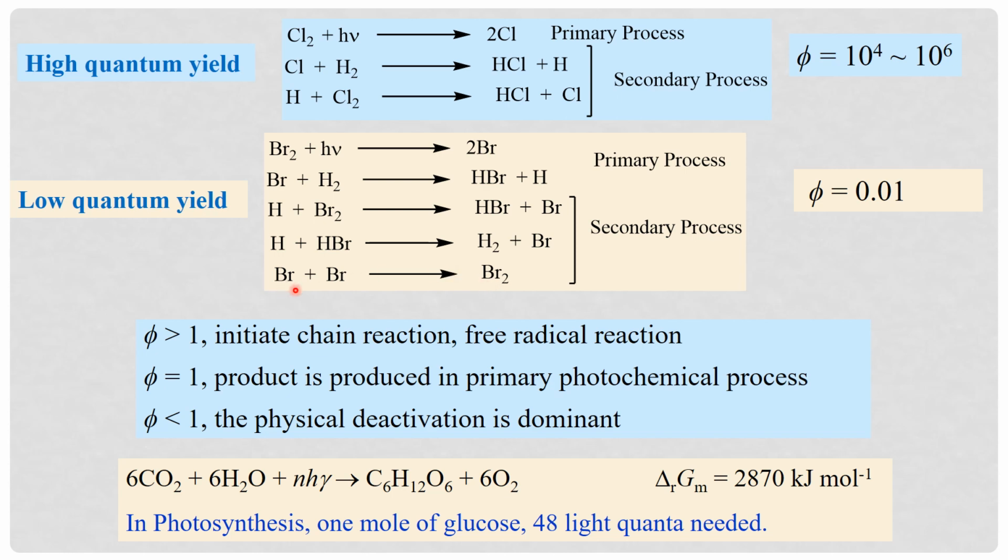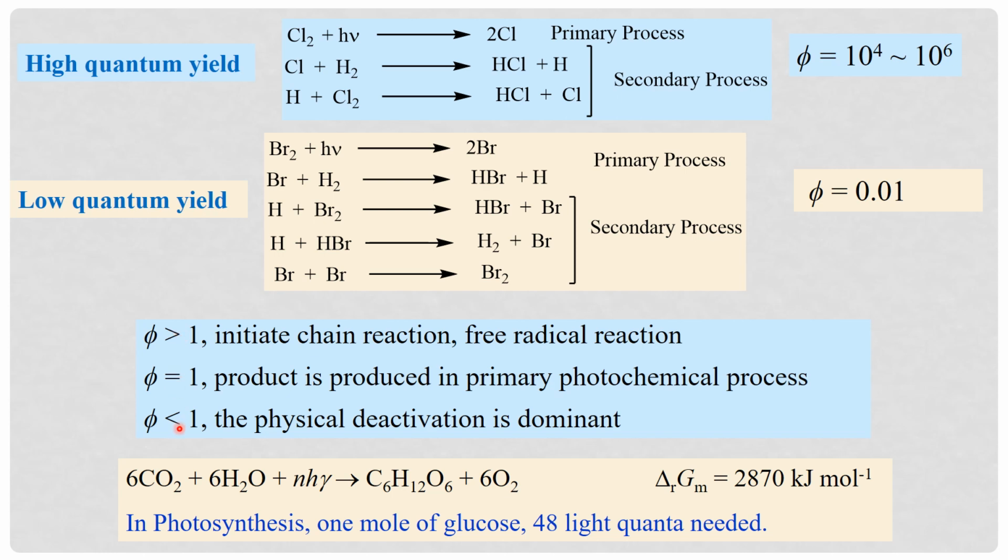Sometimes the intermediates formed, such as bromine here or hydrogen here, are converted back into the reactants. In the last two processes, we can see that H2 and Br2 are formed, which are the reactant molecules. Therefore, quanta or photons are absorbed, but molecules are not converted into products.